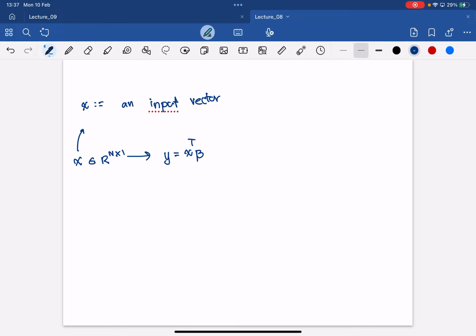And let's say we have an input vector, we compute a linear mapping with the beta, which is the model parameters that we learned. So if we use y as an output and compare that with our measurements, then that will be linear regression.